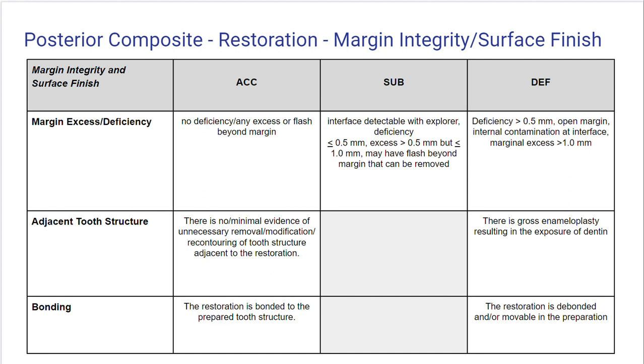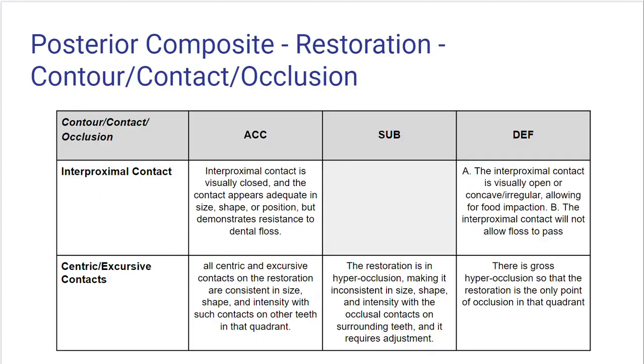It's not about the tooth next door. This is about the tooth structure that's adjacent to your margin. Bonding is whether or not the restoration is bonded, or if we find that it's loose. Doesn't seem to be an issue with the decayed teeth, the simulated teeth that you'll be working on.